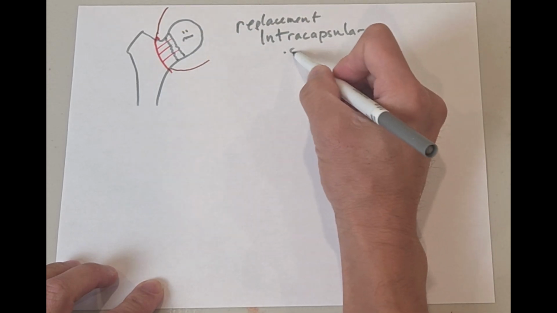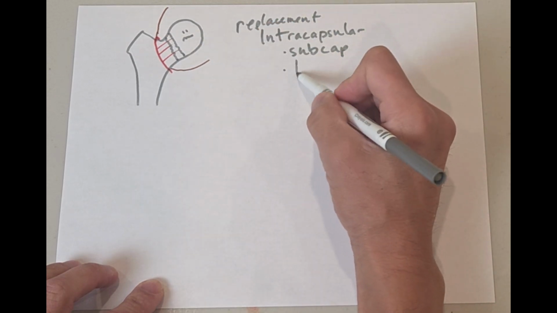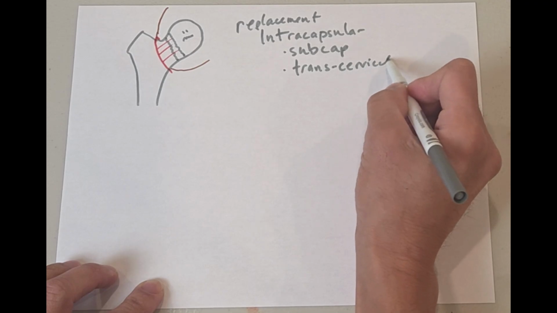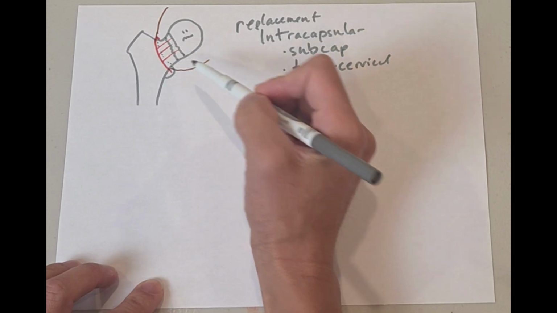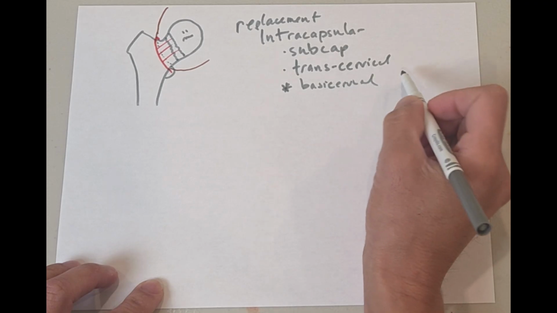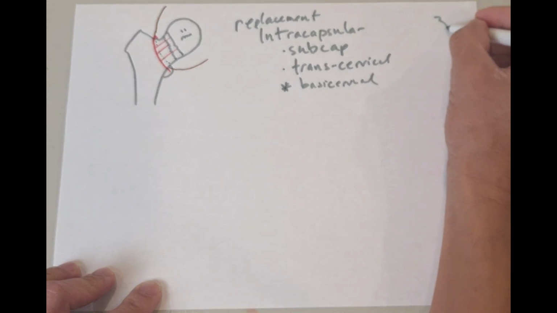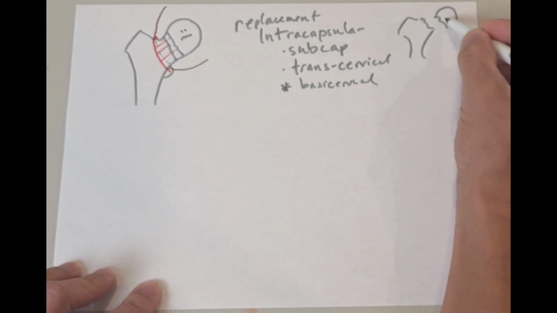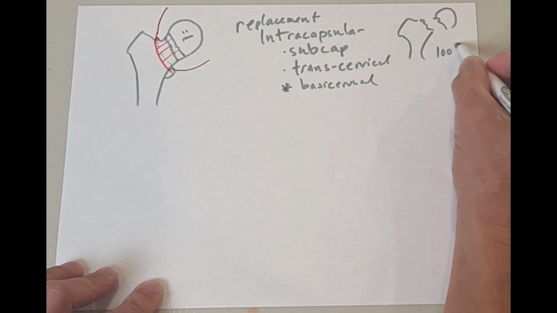That includes right below the head, or subcapital, through the middle of the neck, which we call transcervical, and even, as an asterisk, some of these base of the neck or basocervical. If these fractures are completely displaced, as in the head is no longer attached to the neck or the rest of the femur, we're going to replace these pretty much 100% of the time.